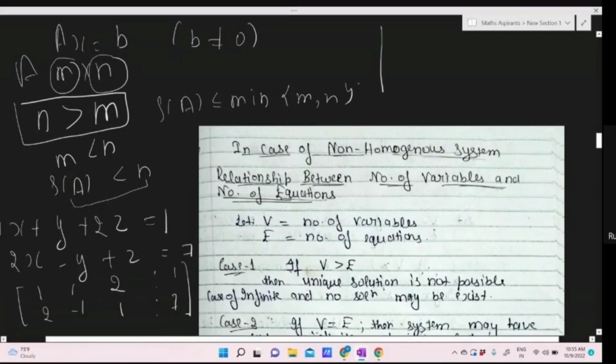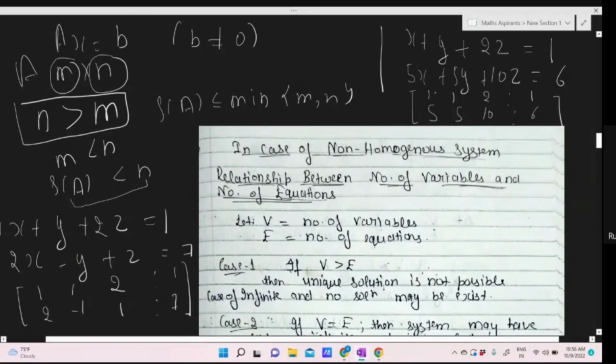No solution is also possible. For this, let us take an example. x plus y plus 2z is equal to 1, and the next one is 5x plus 5y plus 10z is equal to 6. After writing its augmented matrix, we will get this.